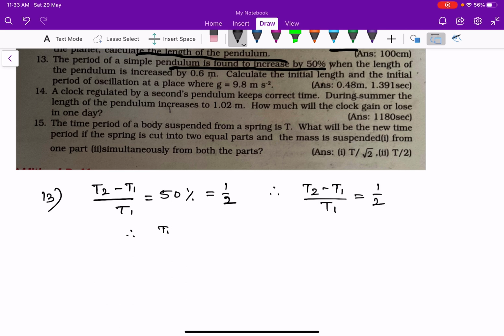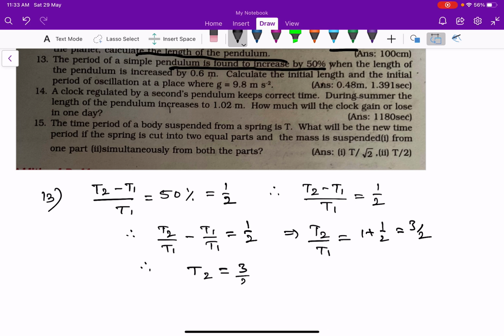Therefore, T2 by T1 minus 1 is equal to 1 by 2. So T2 by T1 is equal to 1 plus 1 by 2, which is 3 by 2. Therefore, T2 is equal to 3 by 2 T1. Let us consider this as equation number 1.